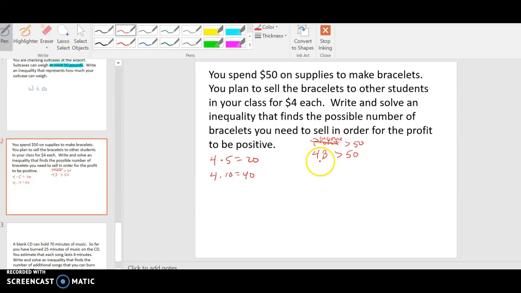Well, how do I figure that out? 4 times B. So if I divide by 4, 50 divided by 4, so the number of bracelets would have to be greater than 50 divided by 4, which is 12.5. So B must be greater than or equal to 13 bracelets. Okay.